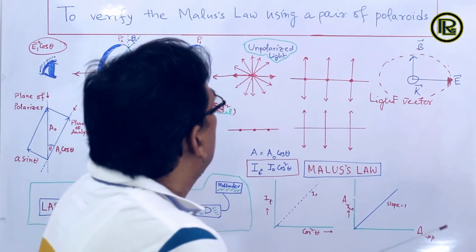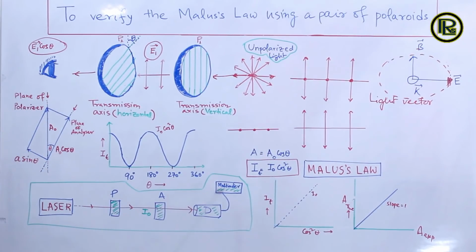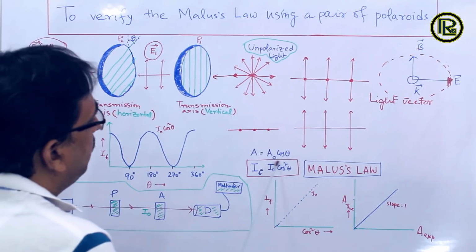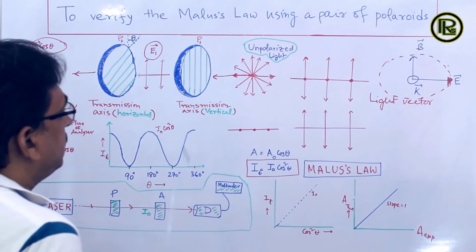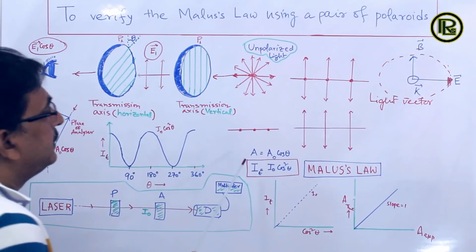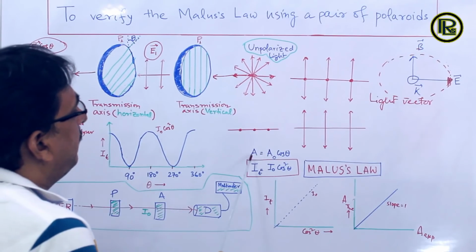So to verify Malus law, we have used this setup. We had laser, we had polarizer, analyzer, detector, multimeter, and we have recorded the amplitude of the light falling on the detector with the help of multimeter, and with the variation of theta, what is the amplitude?